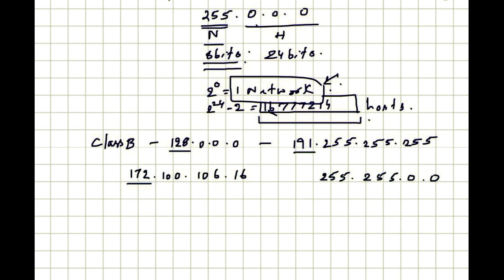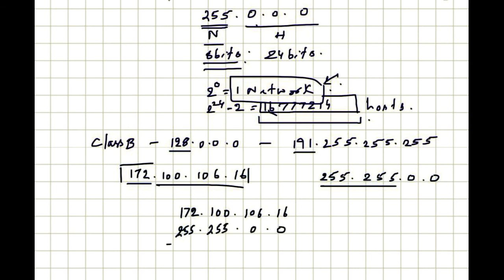Now let us see how many networks are possible for this Class B network with the default subnet mask of 255.255.0.0. If you do the subnet masking, you will get the network ID 172.100.0.0.